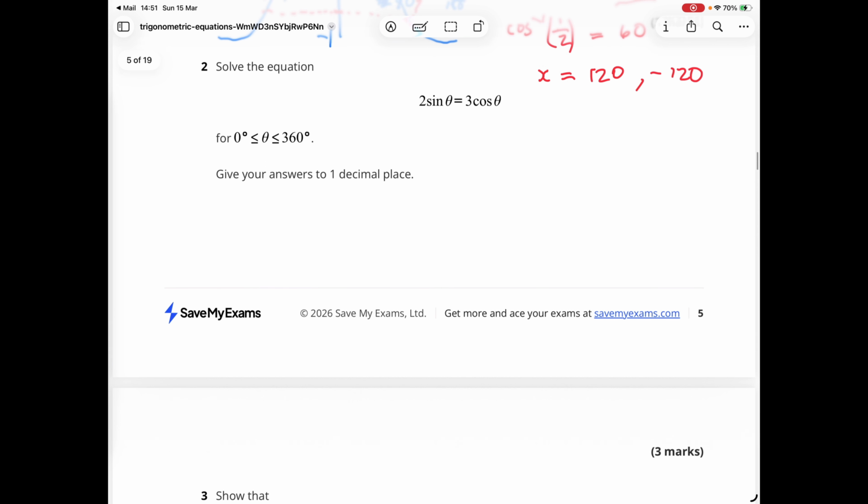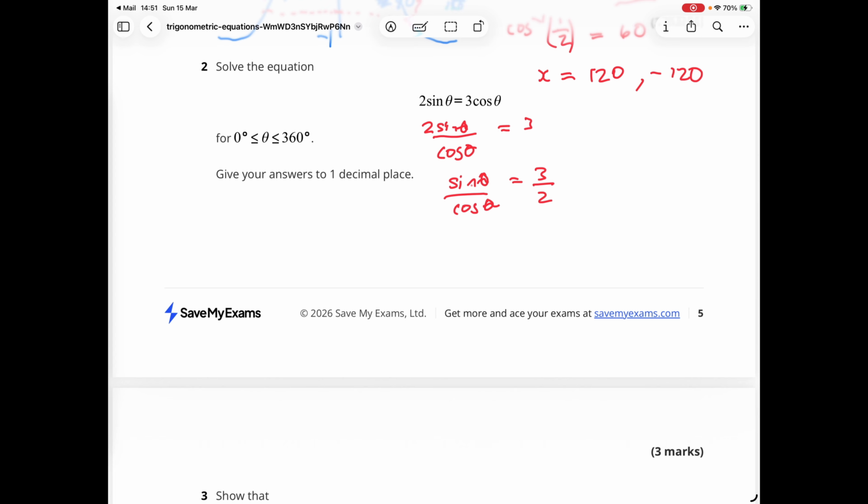Right. Now we're trying to solve this equation: 2 sine theta equals 3 cos theta. Let's muck about with this. If we divide through by cos theta, 2 sine theta over cos theta equals 3, so sine theta over cos theta equals 3 over 2.